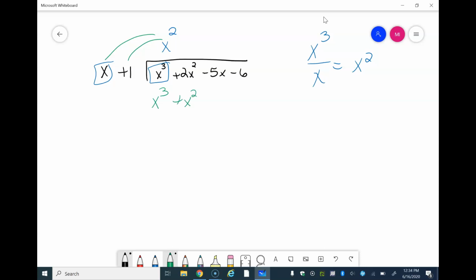So the next step for doing long division is we're going to take both of these and subtract them. Now there are two ways of subtracting. Whatever you prefer, you're more than welcome to do so. A lot of students like to put this in parentheses and then distribute the negative inside to both of them.